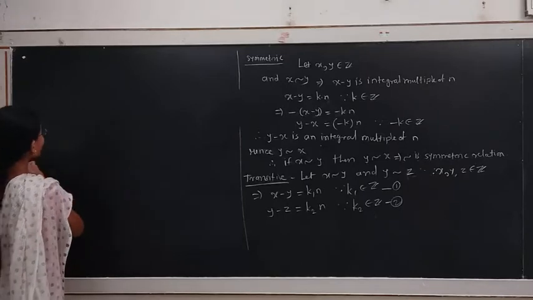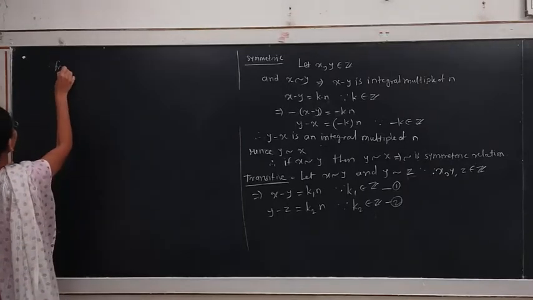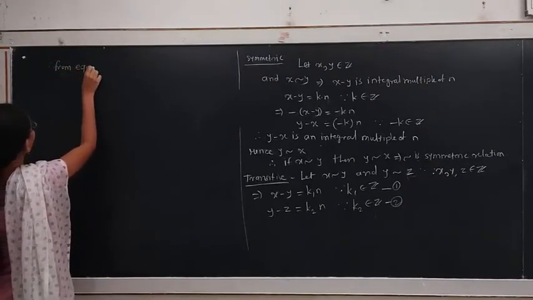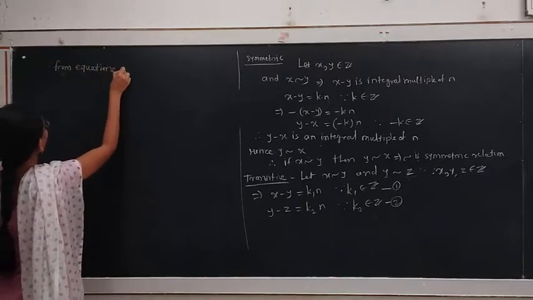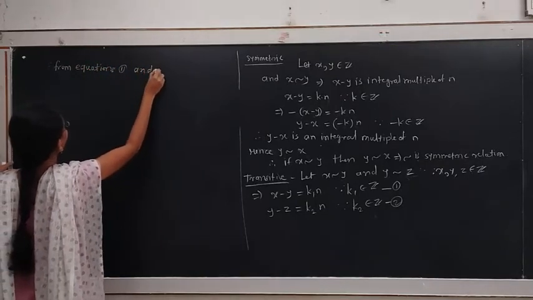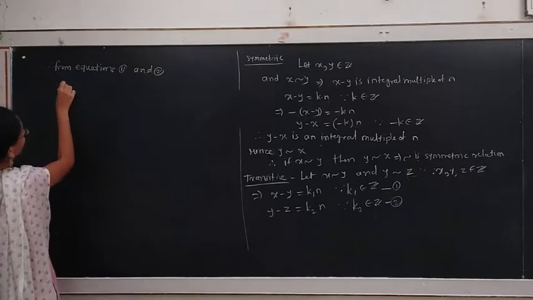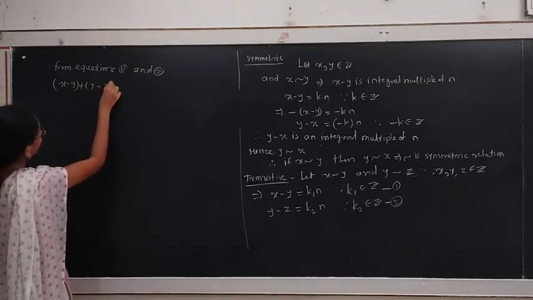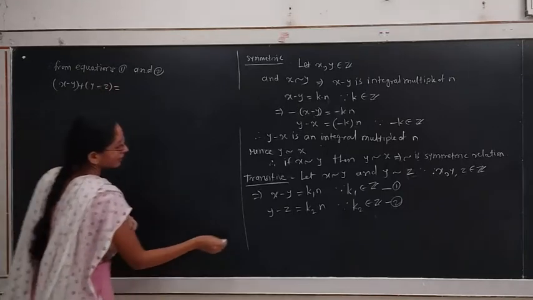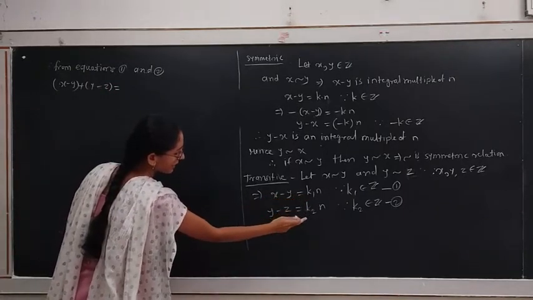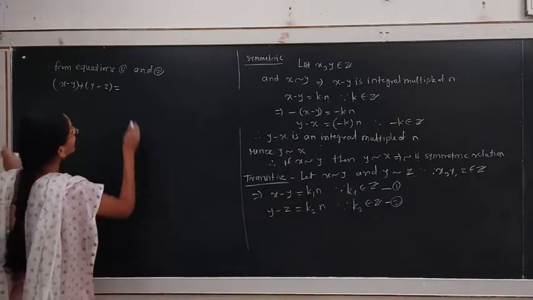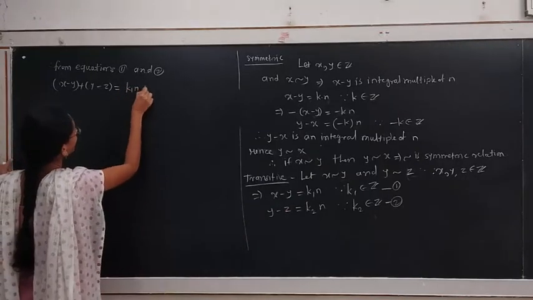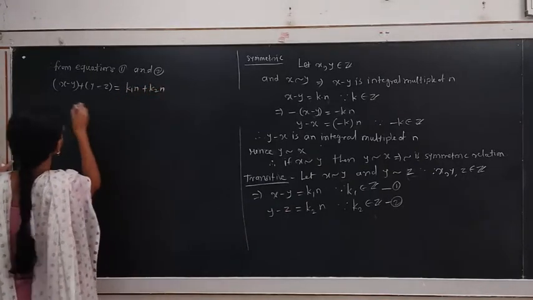From the first and second equations, x minus y plus y minus z is equal to, the first equation has value k1n, the second equation has value k2n, so k1n plus k2n.